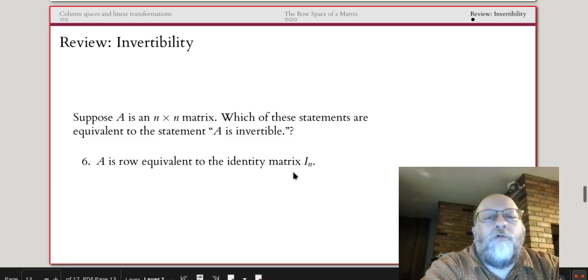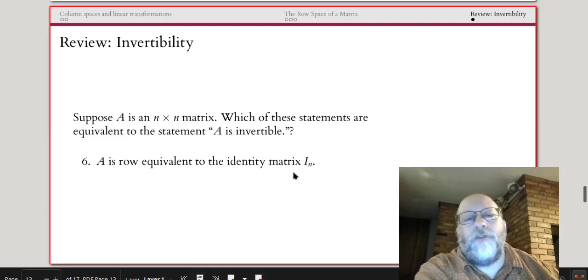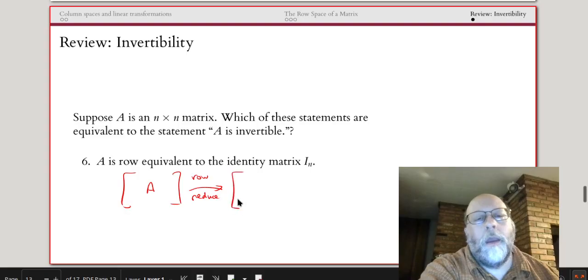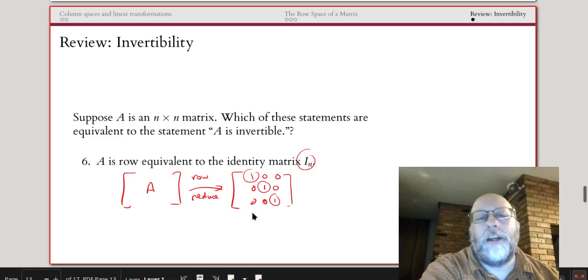Number 6, A is row equivalent to the identity matrix. That is, if I were to take the matrix A and row reduce it, I would get the matrix that looks like the identity matrix for whatever size A is. Well, if that happens, then we have a leading entry in every row and every column, because that's what the identity matrix looks like.